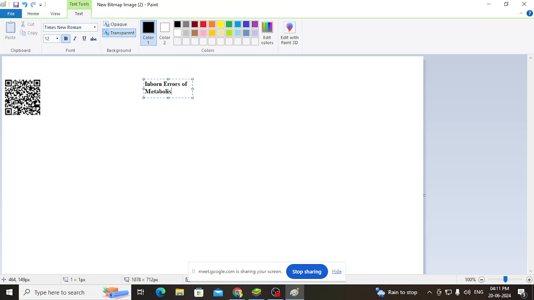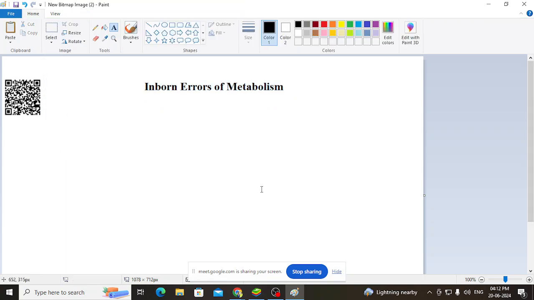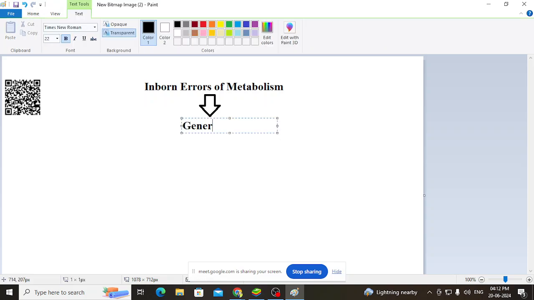As the name suggests, these are diseases where metabolic abnormalities are there. And since these are inborn errors, these are nothing but genetic diseases, and cannot be cured. Genetic diseases, and not very likely to get cured.